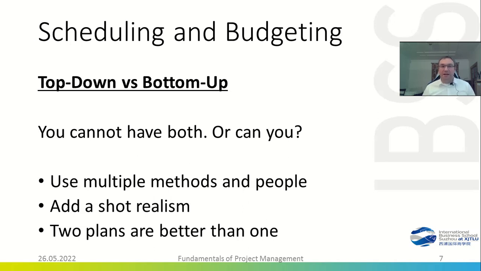You can say, okay, I want this a bit more realistic, so I say things take 5% longer and cost 10% more. Whatever kind of risk profile and budget flexibility you want to have, you can play around with these numbers. At the end of the day, it is better to have more than one plan instead of having no plan at all.